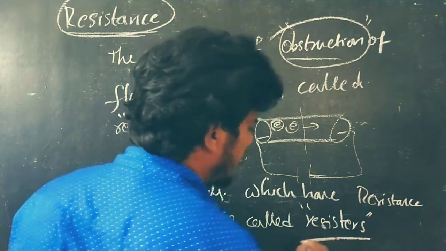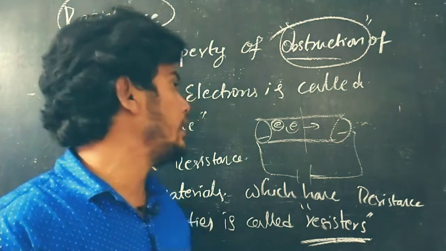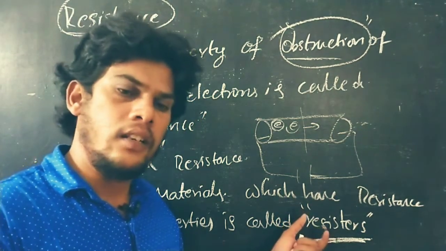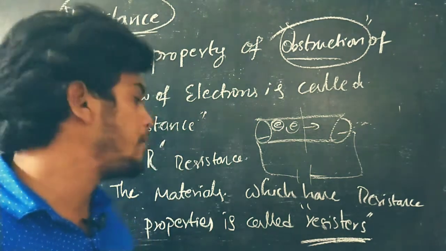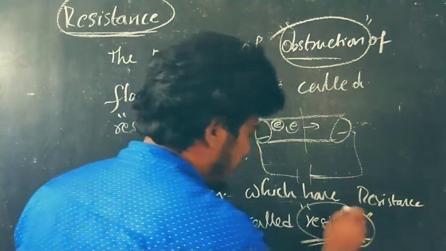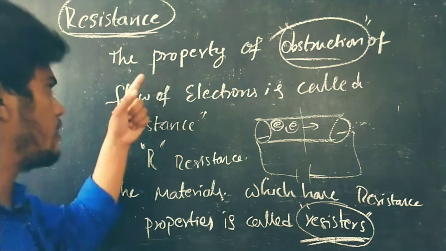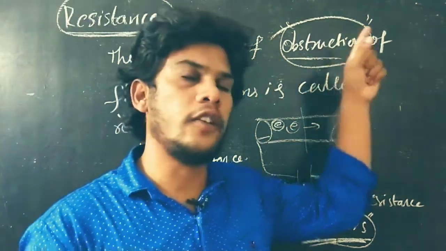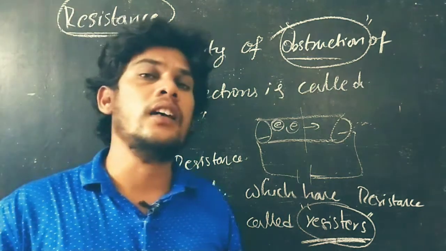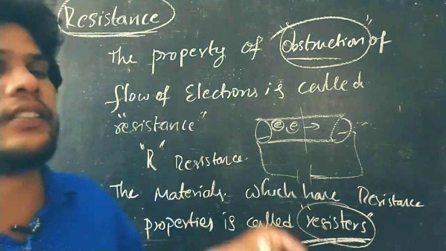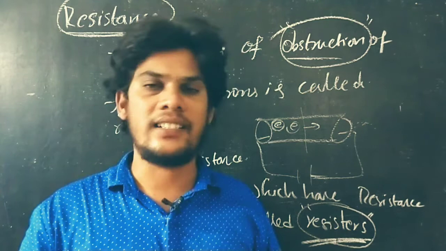So resistors are nothing but the materials which have the property. What is that property? Resistance property. They are called resistors. So resistance means obstruction of the flow of the electrons in the conductor, and resistors means the materials which have the property of resistance.